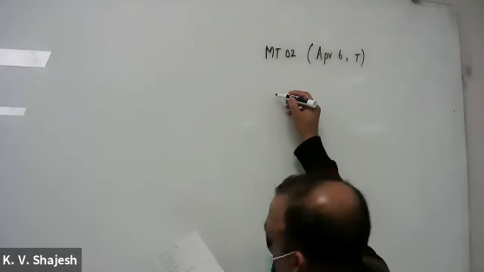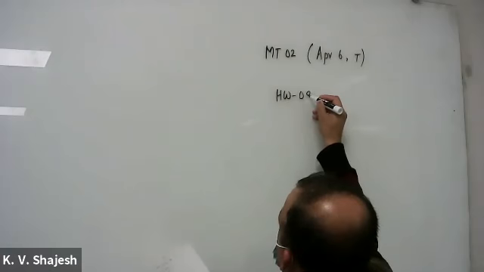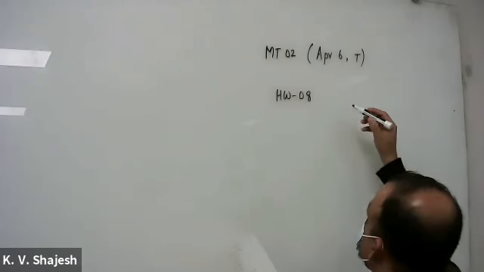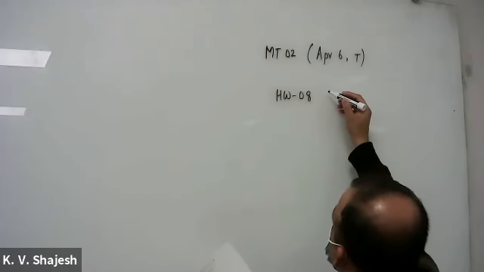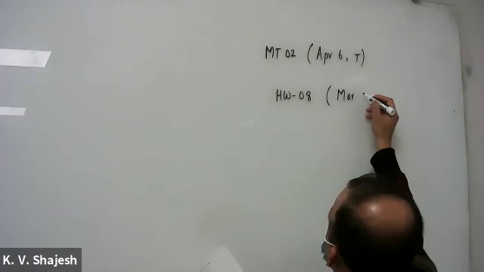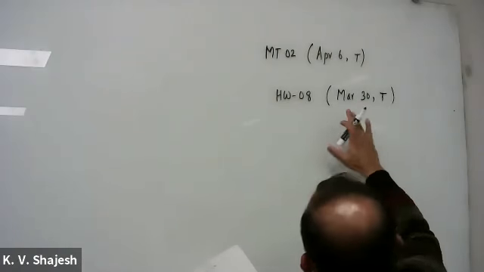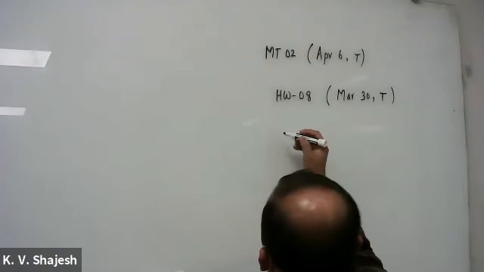So here is my proposition. There is a homework 8 I have already posted, and I suggest that we make it due on, let's say, March 30th. I think March 30th is a Tuesday, or Tuesday or Thursday, let's say.